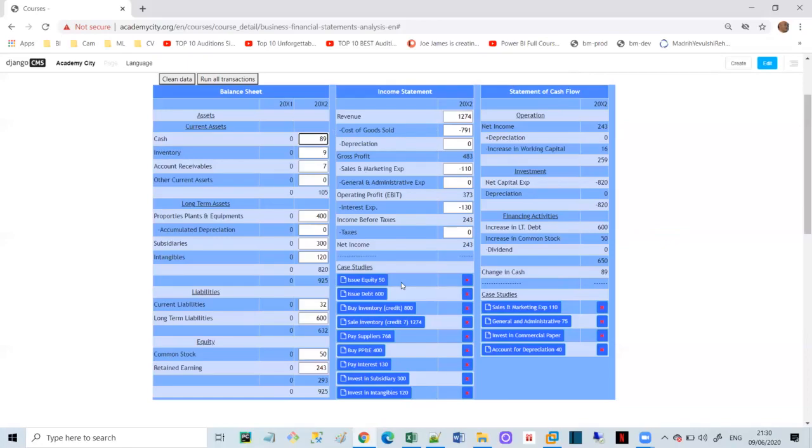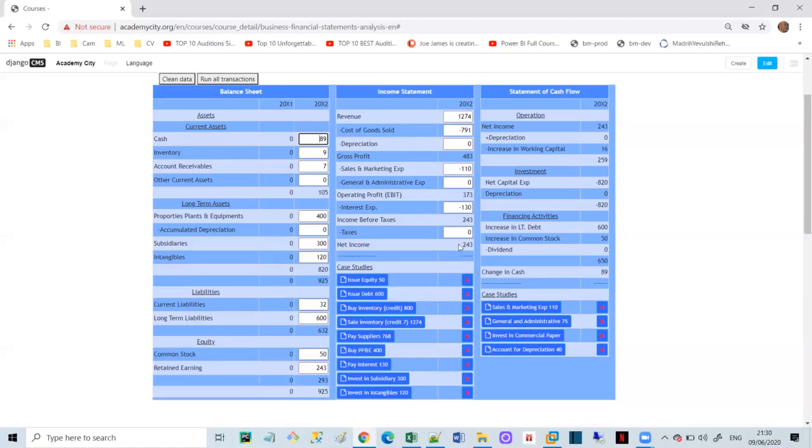What is the next one? Another expense. I spent on marketing, I spend salaries on employees, managers, all of those are expenses. So this is really a similar transaction, just this one was for marketing, this one is for administrative purposes. I pay rent, I pay employees, I pay managers, all of those are expenses. So that's going to reduce my profit even further.